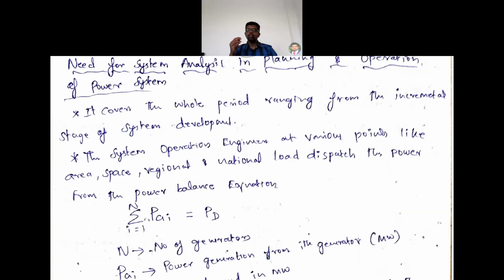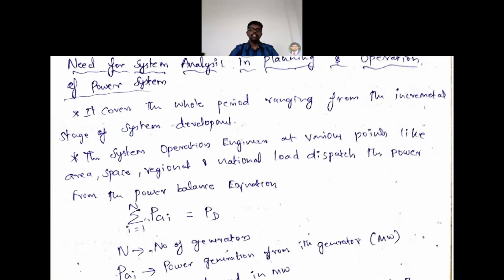After 2010, after the huge crisis that happened, your union government installed many distribution transformers under the APRDP scheme, the Accelerated Power Development and Reforms scheme, so that your losses on the distribution side decreased somewhat.